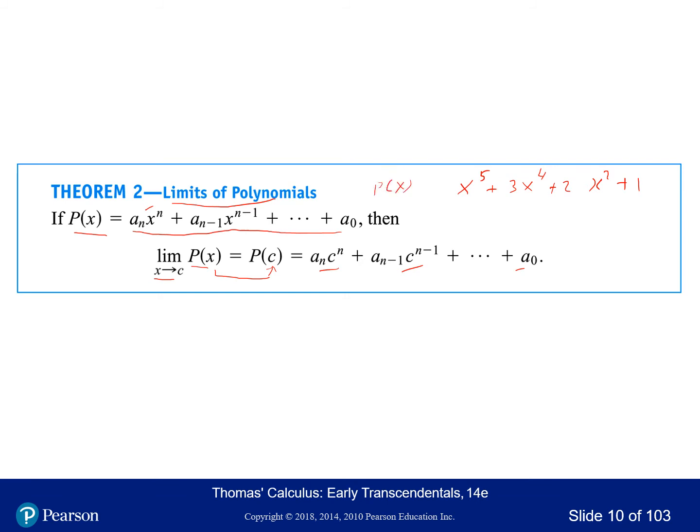If we want the limit as x goes to c of p of x, it will be equal to, according to this, c to the power 5 plus 3c to the power 4 plus 2c squared plus 1. That's very easy to compute for polynomials.